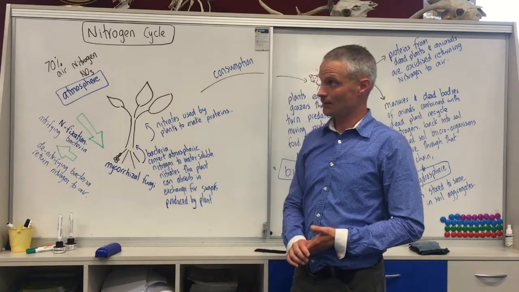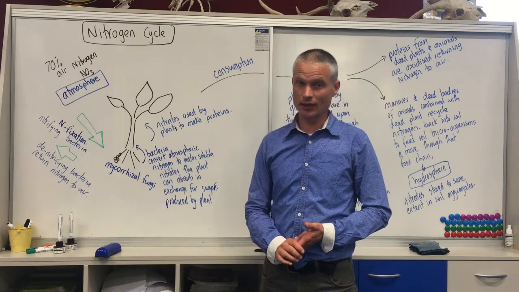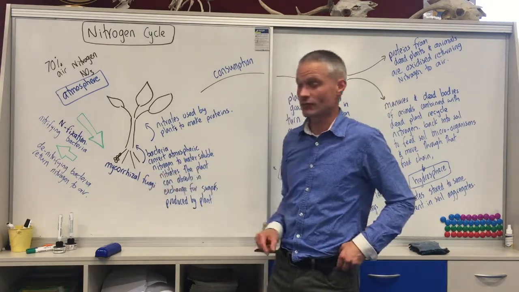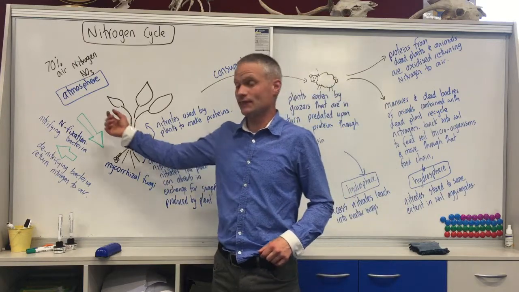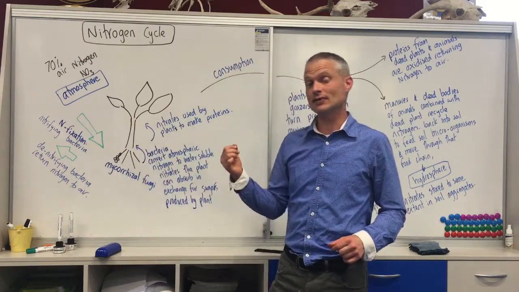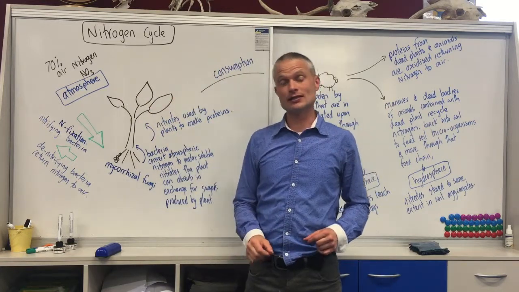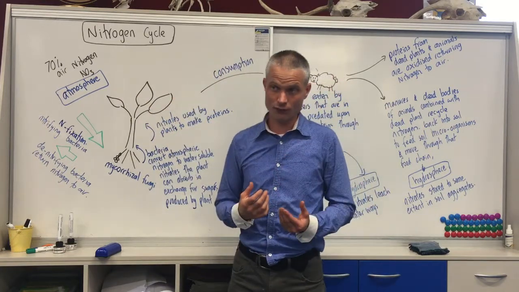And the major way it gets into the biological system is through the activity of mycorrhizal fungi that can fix nitrogen. So they have the ability to transform the atmospheric nitrogen into a water-soluble nitrate form.